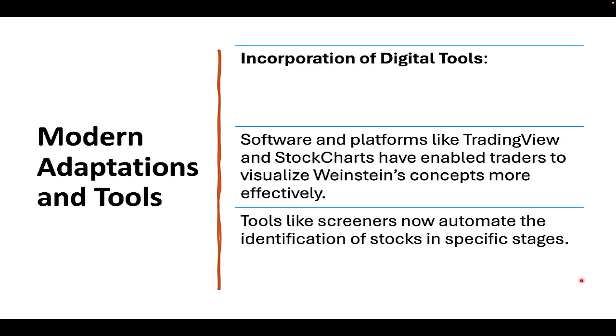They have made it possible to visualize these concepts very effectively. And there are a lot of screeners which allow you to automate the identification of stocks in various stages. So now you have a simplified approach where you can use alerts or screeners to identify these stages, confirm, and take your decisions.